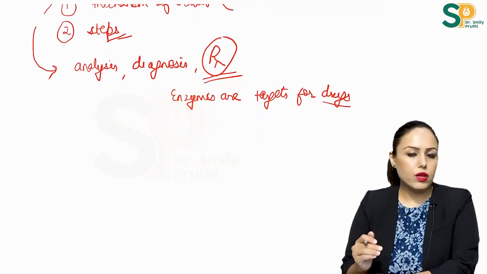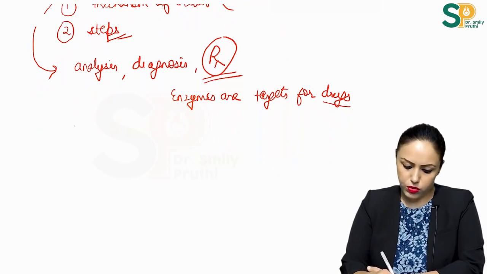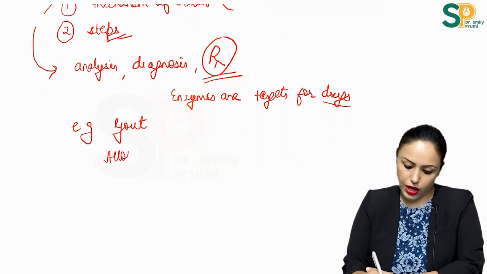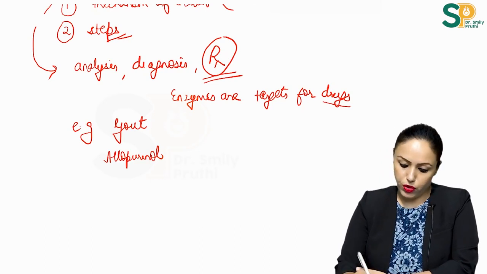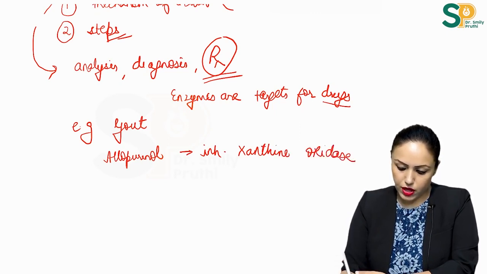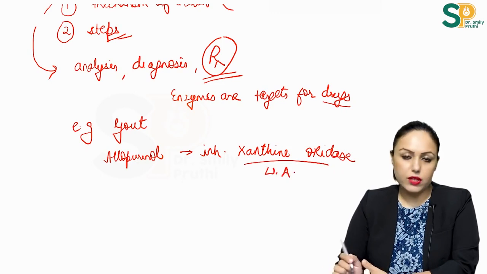Now, let's take an example of how this happens. Example, in gout, which drug we give? We give allopurinol. What is the mechanism of action of allopurinol? Allopurinol inhibits enzyme xanthine oxidase, which is the enzyme for the formation of uric acid.